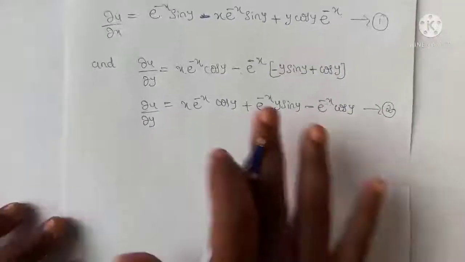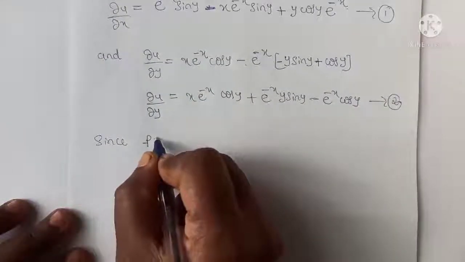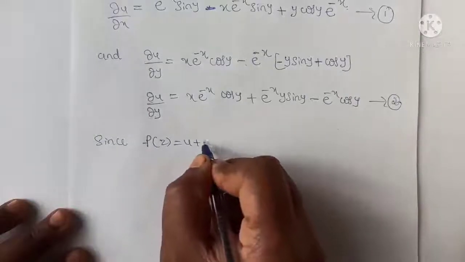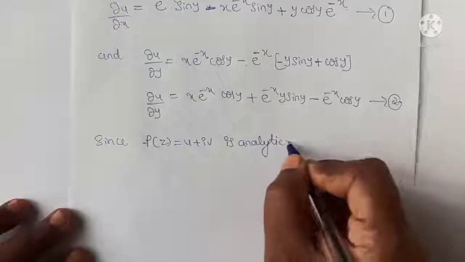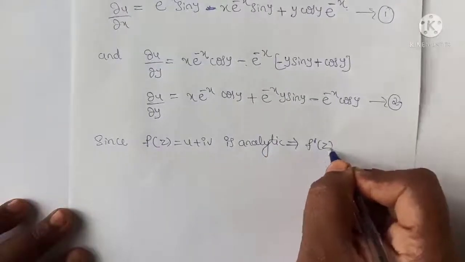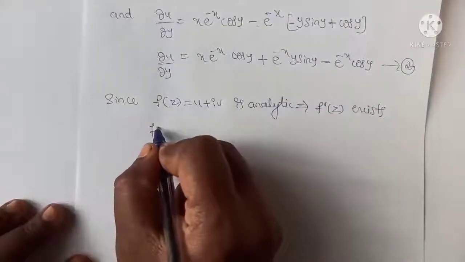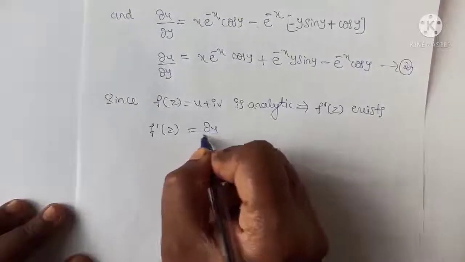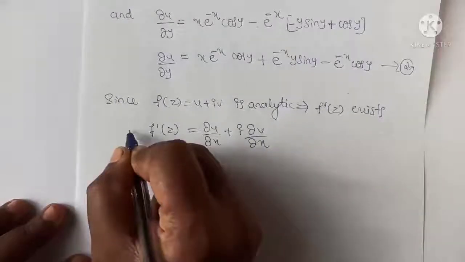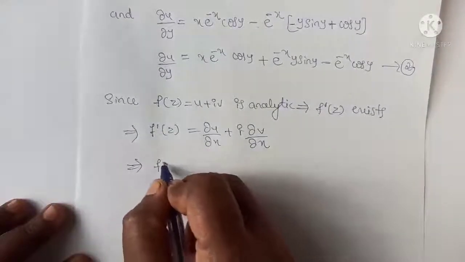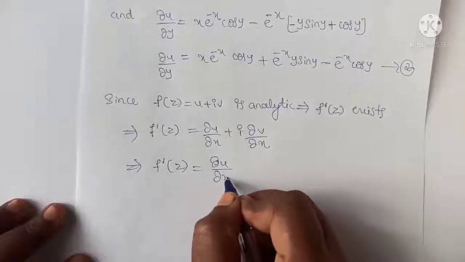Now we know that since f of z is equals to u plus iv is analytic, it implies that f dash of z exists. So thus f dash of z is equals to dou u by dou x plus i dou v by dou x. But from the CR equation this dou v by dou x can be written as, so we keep this dou u by dou x as it is.